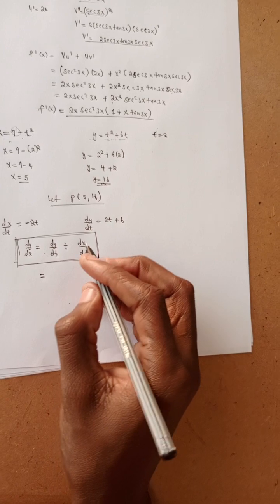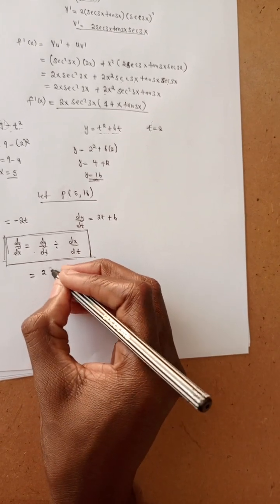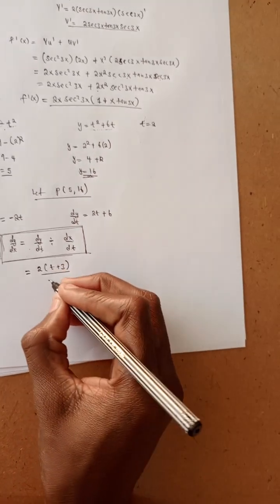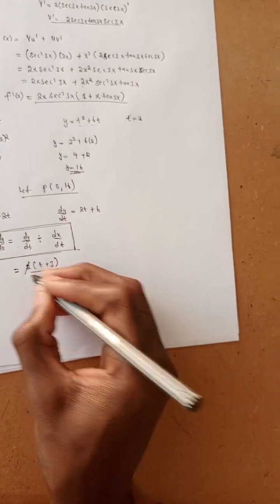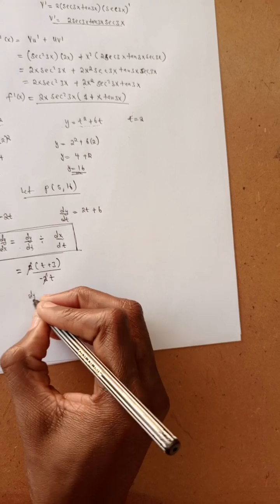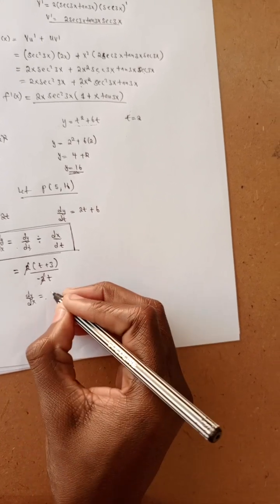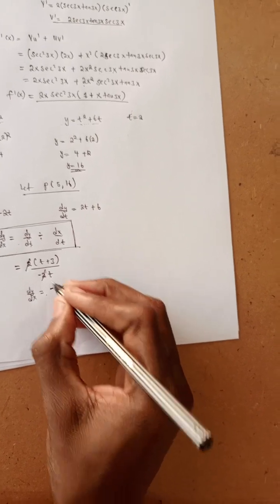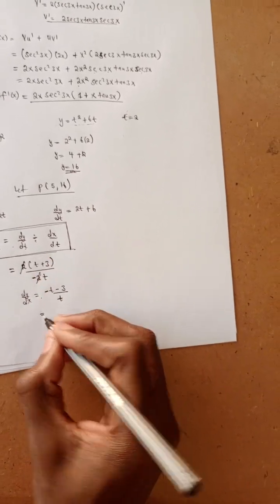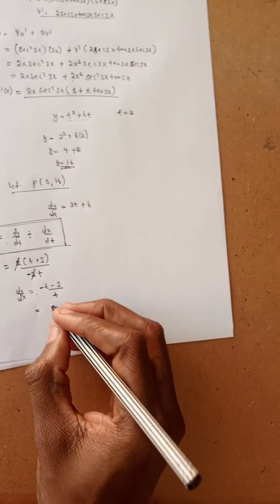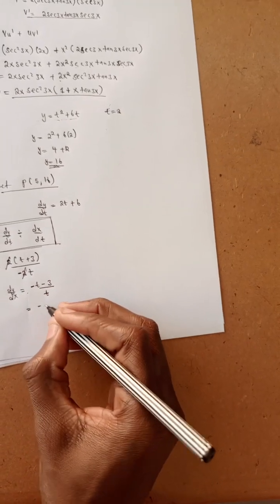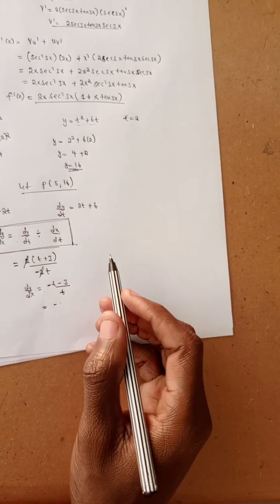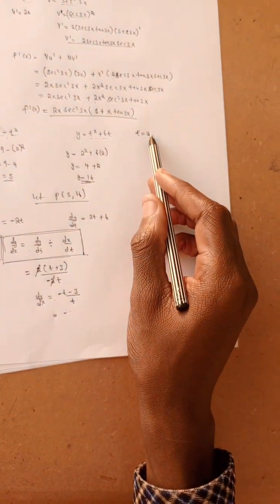So what is dy/dt? Is 2, we'll factorize that, divided by negative 2t. So the 2's cancel, so we have dy/dx is equals to negative t minus 3 over 2. The negative multiplies with that. Now we have to find the gradient, since we have already been given the point.